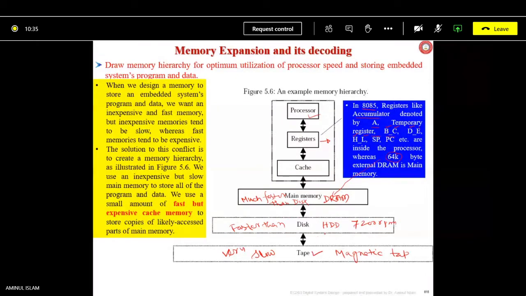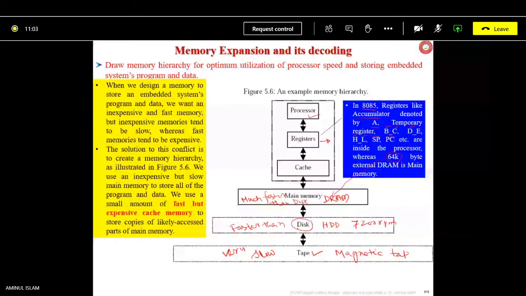Of course, this term disk is very generic. It may include floppy disks, we have discussed two types of floppy disks. Then it may have compact disk CD and DVD and hard disk. All are included in this disk term. All are slow. Of course, out of these, floppy disk, DVD, CD, and hard disk, the hard disk is the fastest.